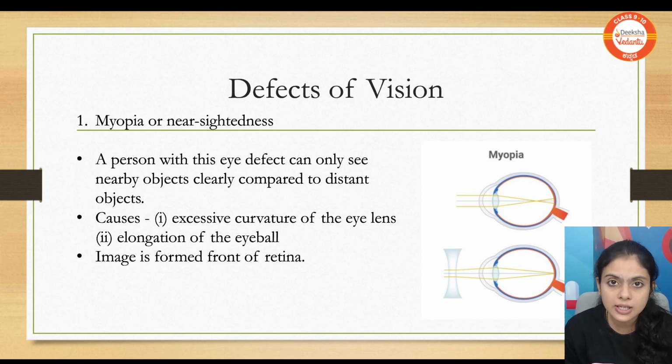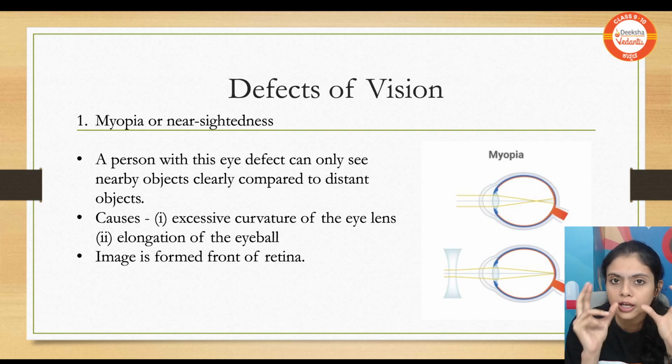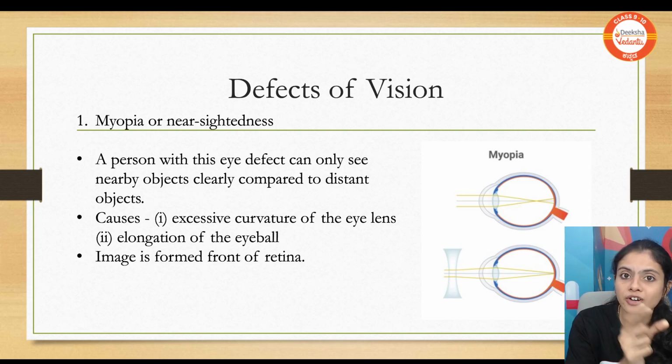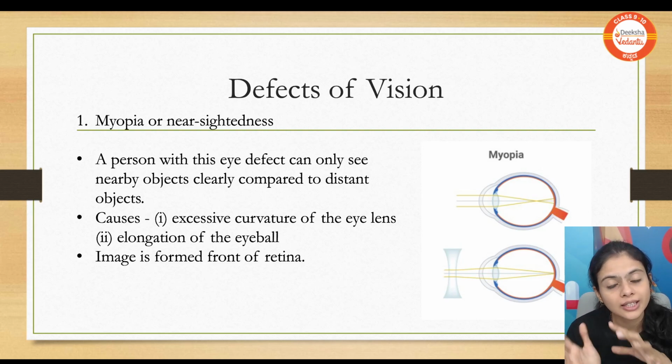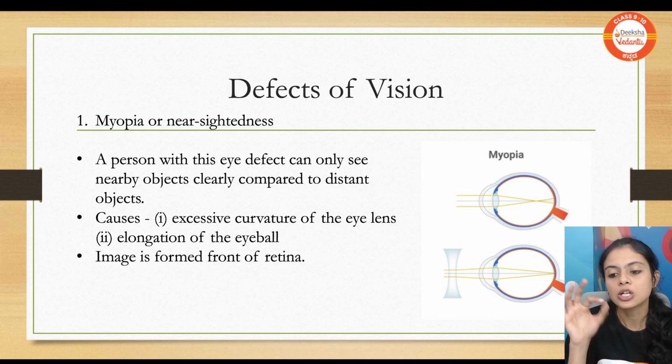Why is myopia caused? They may ask in a question: write the causes of myopia. You have to write excessive curvature of the eye lens or elongation of the eyeball is the reason for myopia. The image is formed in front of the retina. I have explained the defects of vision separately in a session under 15 minutes, you can check that out also.